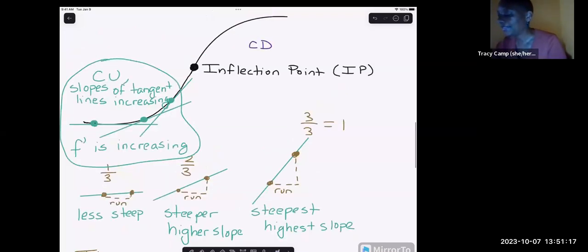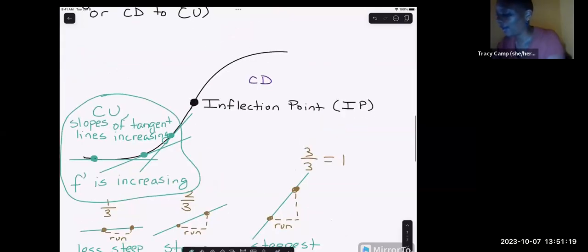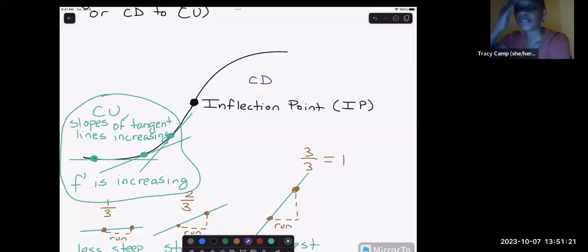On the other hand, if you look at concave down, let's look at the part of this graph that's concave down. We'll look at some tangent lines. Notice we start off with a pretty steep line, and then as we go along the graph, the tangent lines become less steep.